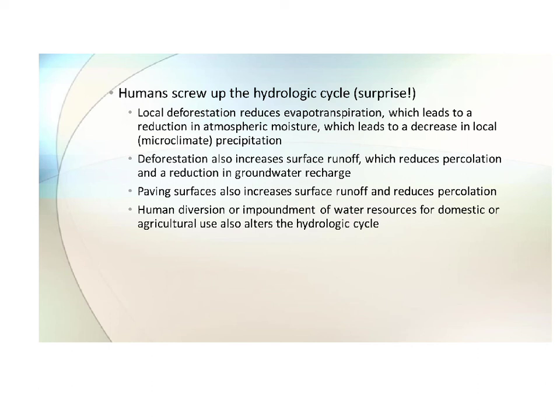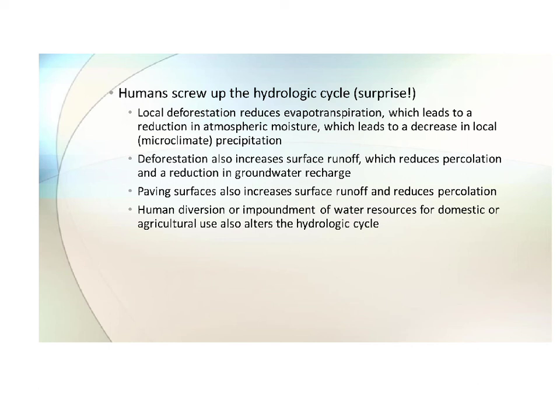Of course, it usually takes sediment with it, which causes sediment pollution in rivers and streams. But when surface runoff is increased, that means that percolation and infiltration into the soil is decreased, and we get a reduction in groundwater recharge, also along with deforestation.